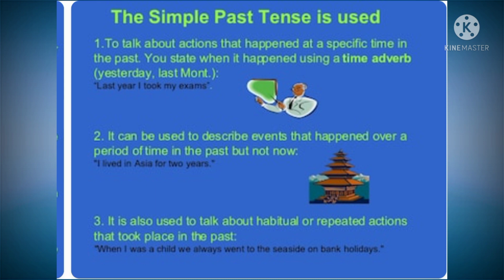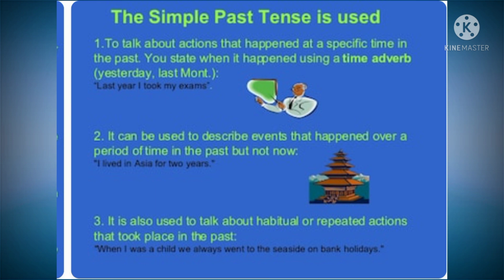So if it happened sometime in the past, for a period of time in the past, we can use simple past tense. Another usage is, it's also used to talk about habitual or repeated action that took place in the past. For example, when I was a child, we always went to the seaside on bank holidays.